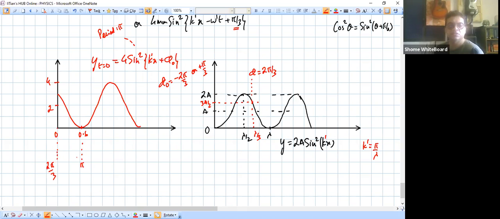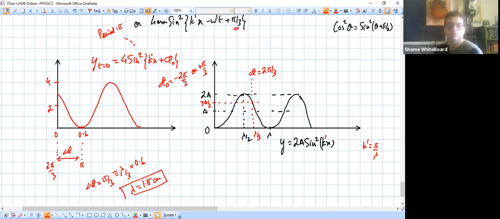So this phase difference delta phi is equivalent to pi by 3, which will be equivalent to lambda by 3. So lambda will again be equivalent to 0.6. So your lambda will again come 1.8 centimeters.